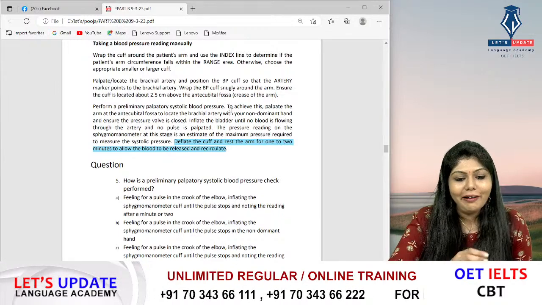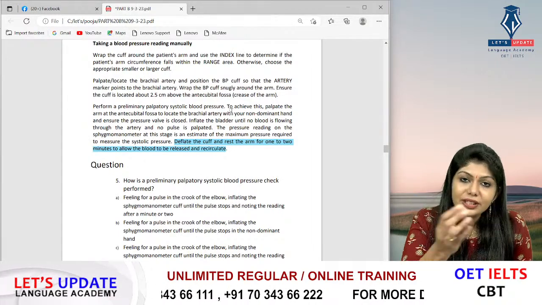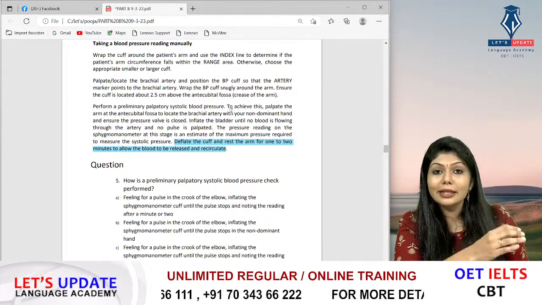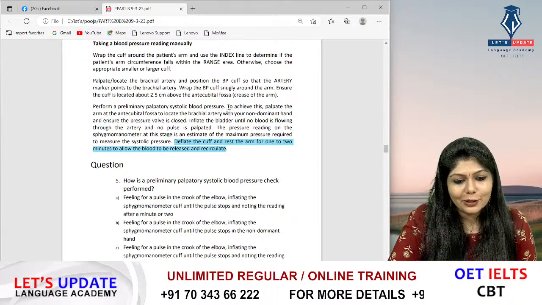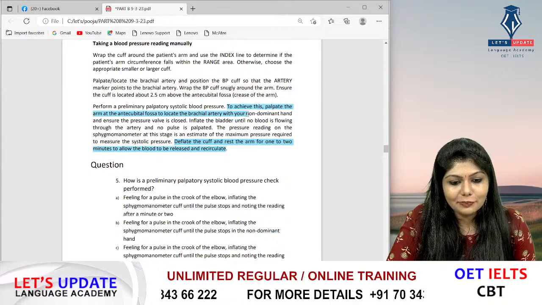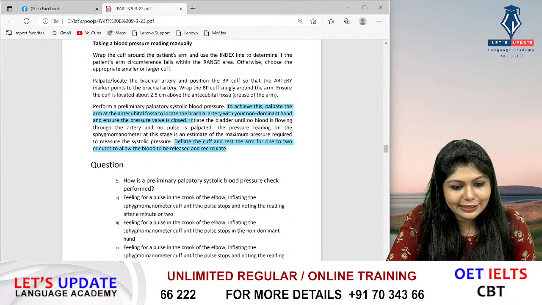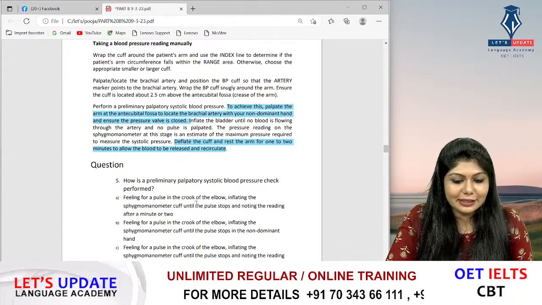So they are asking you to palpate the arm and locate the artery with your non-dominant hand, not on your non-dominant hand. Both mean different things entirely. So that is why option B is incorrect.